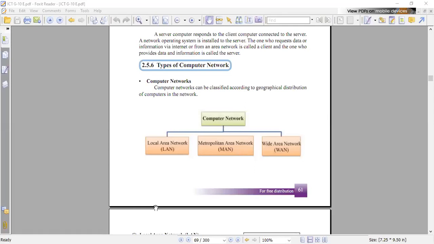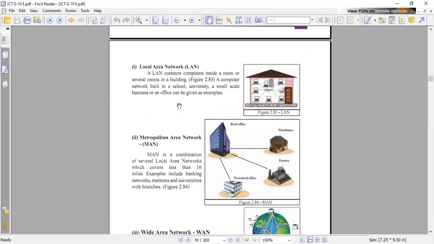Types of computer network, under that write down. Computer networks can be classified according to the area that they have spread.